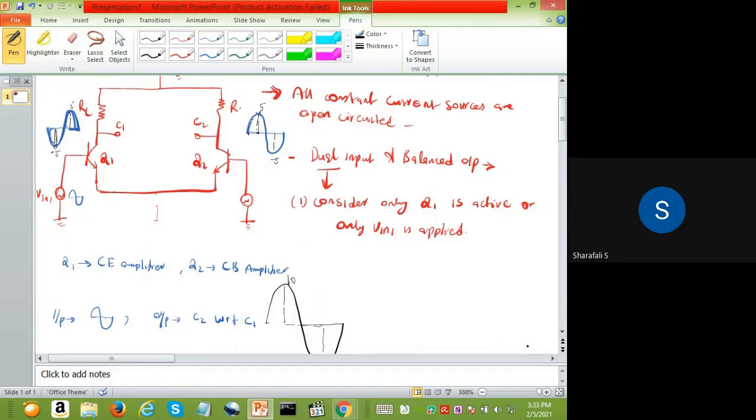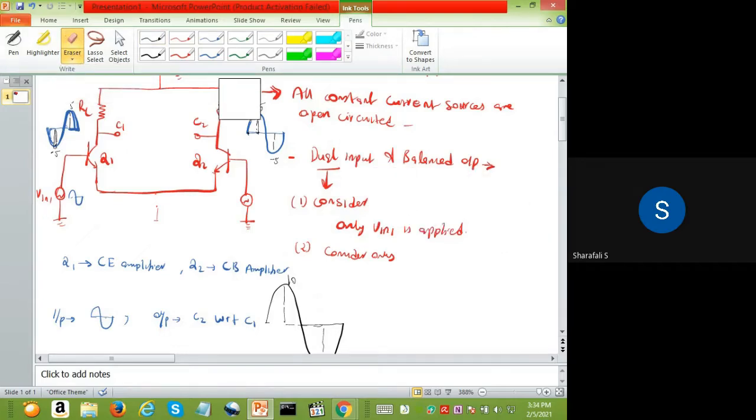And in the second case, this is only one input we are considering with the balanced output. Okay. Now we consider the second input, and the same scenario will happen. So for the second case, we consider only one input is active.